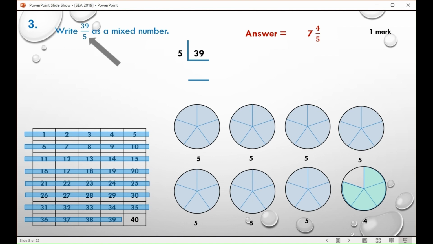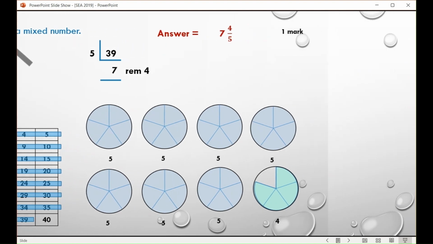So we can say, what's less than 8? 5 7s. So 5 7s are 35, and we will have a remainder. From 35, we're going 1, 36, 37, 38, 39. So the remainder is 4. So that tells us that the answer is 7 and 4/5.